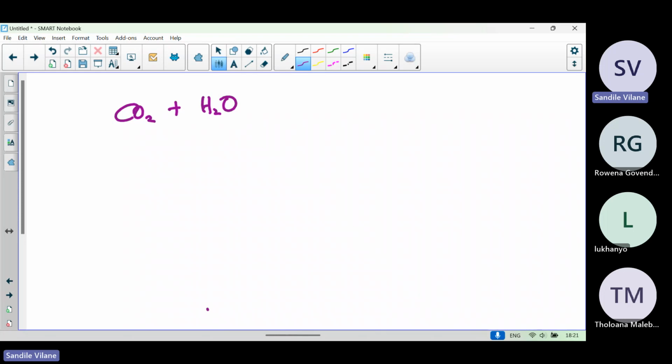So when it rains, there is a high concentration of carbon dioxide in the water, and by the time this water reaches us, it would have formed carbonic acid. As a result, acid rain results because of the carbon dioxide in the air reacting with the water droplets when it rains. So this is acid rain.